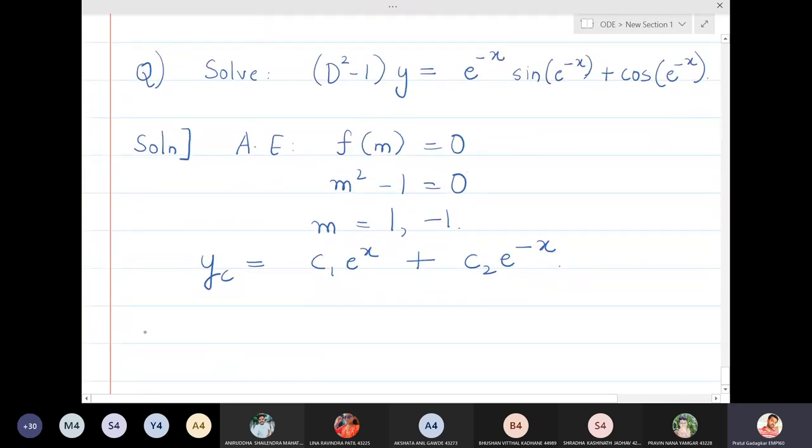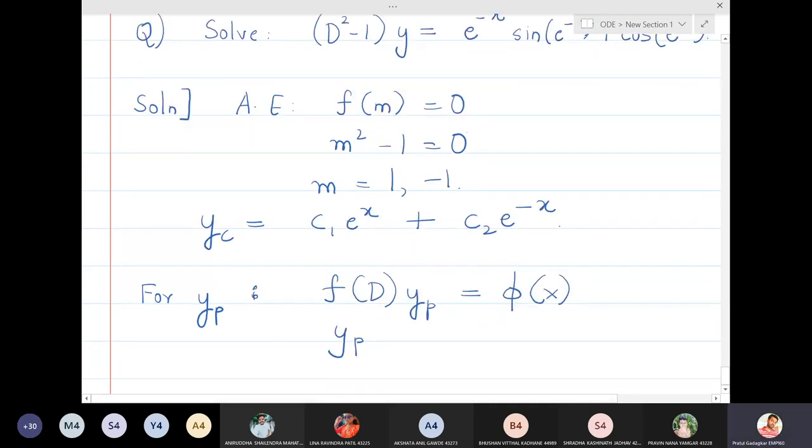For yp, f of D yp equal to phi of x. So yp will become 1 over f of D phi of x.